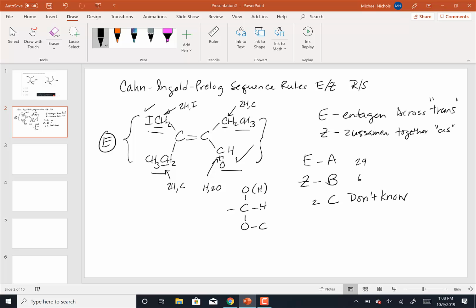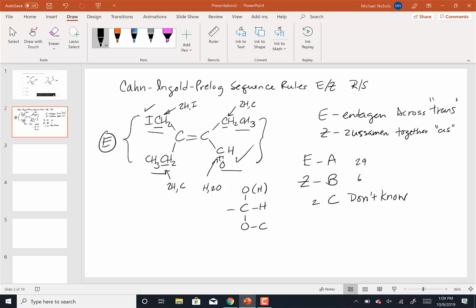So the first step in R and S is applying the Cahn-Ingold-Prelog sequence rules, but now I'm going to do it to all 4 groups that are attached to the carbon, which is then called a chiral carbon.